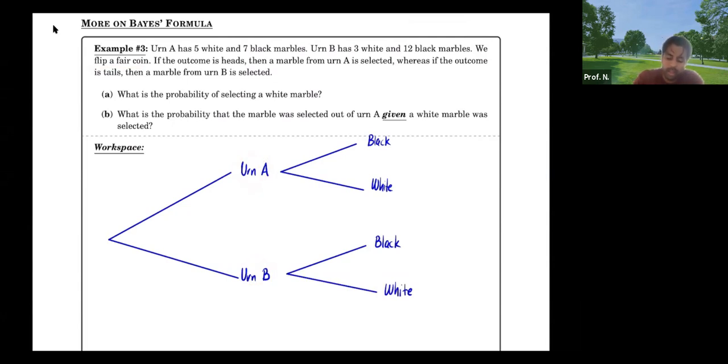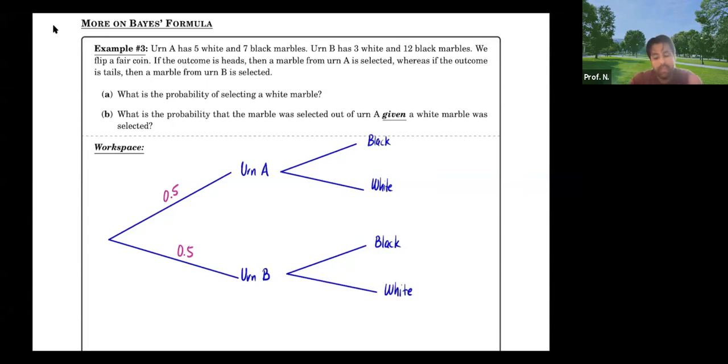So obviously, the probability of me selecting urn A is 0.5. And the probability of me selecting urn B is 0.5, right? It didn't tell you off the bat, but it makes it seem as though there's another layer to this. All right, so we understand the probability of me selecting urn A and urn B.